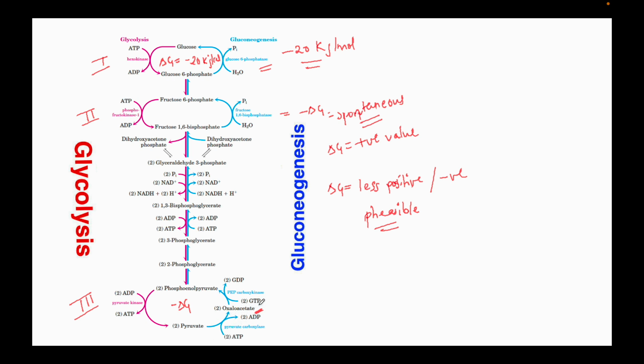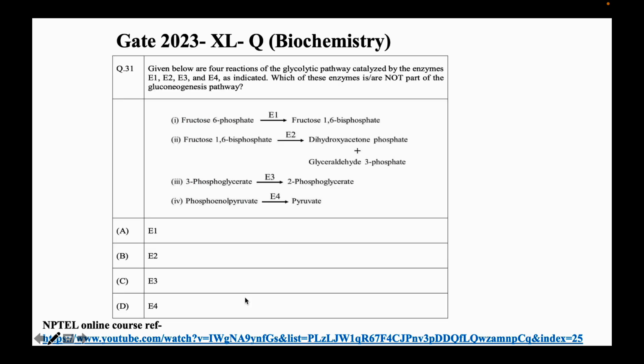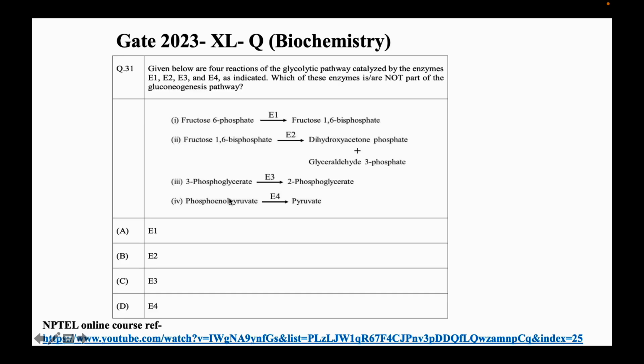Oxaloacetate is formed in between. So coming back to the question, phosphoenolpyruvate to pyruvate, this reaction in the reverse direction does not exist, and hence the enzyme E4 is one answer.